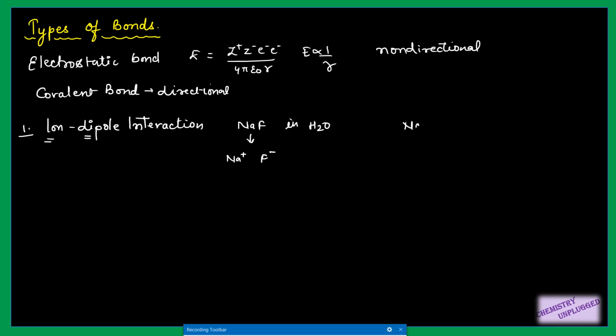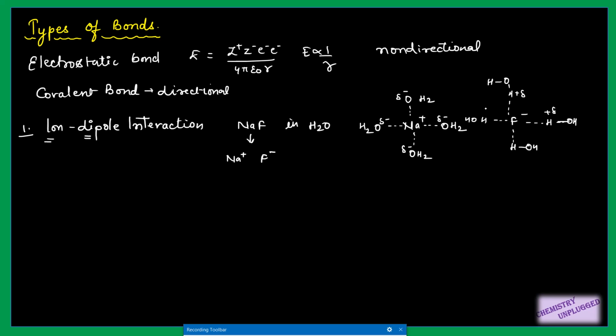Now this sodium plus will have water molecules around it. This oxygen will have a partial negative charge, and this is the interaction between opposite charges, right? So this is the ion and these water molecules are dipoles. Similarly, if you have fluorine here, then the H part of this OH will interact. It will have a partial positive charge, right? So we will have this type of ion-dipole interaction.